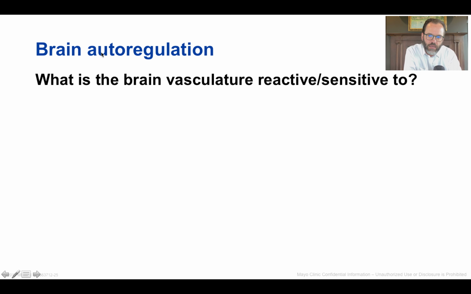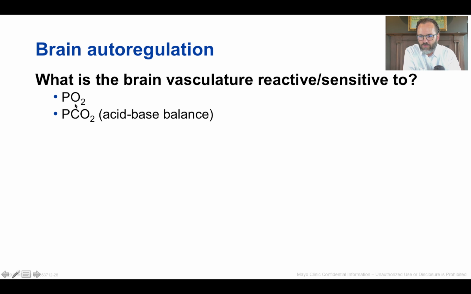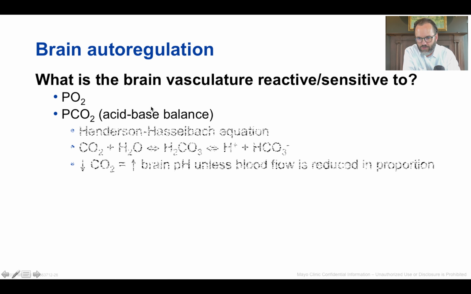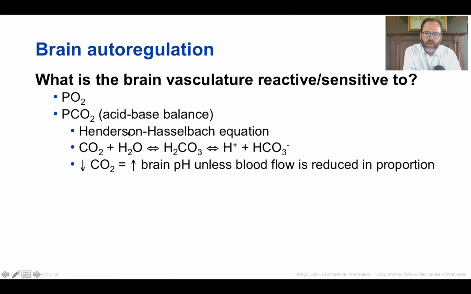When we're looking at brain autoregulation, it's a bit different. What is the brain vasculature sensitive to? It's really sensitive to changes in partial pressure of oxygen and the partial pressure of carbon dioxide, which is critical for acid-base balance. This is driven by the Henderson-Hasselbalch equation. As you increase CO2, you increase hydrogen ion concentration, and vice versa.